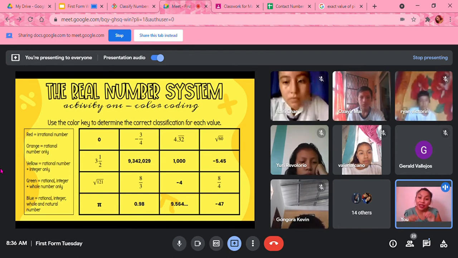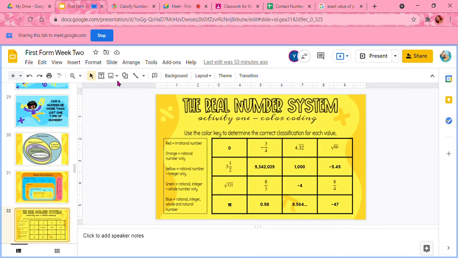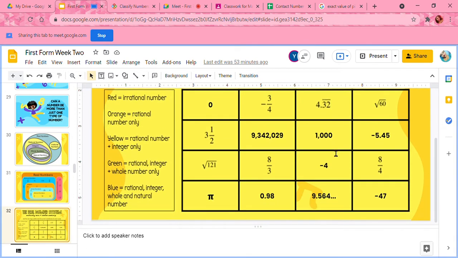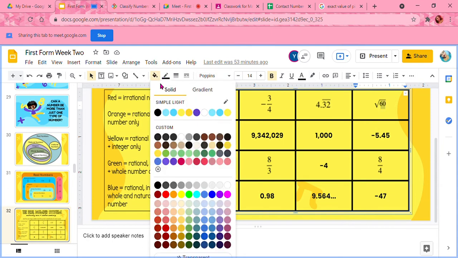So we have to be careful when we are choosing what to color, all right? So I'm gonna come over here and let me see if I can make it bigger. Okay, there you go. So Yuri said that this one, we can color that one red.